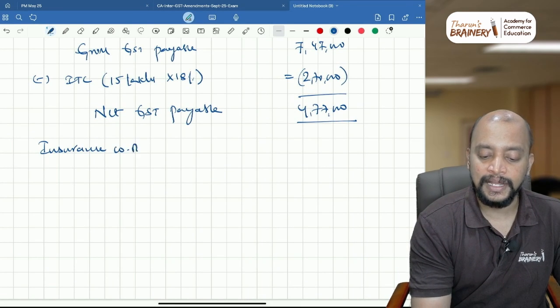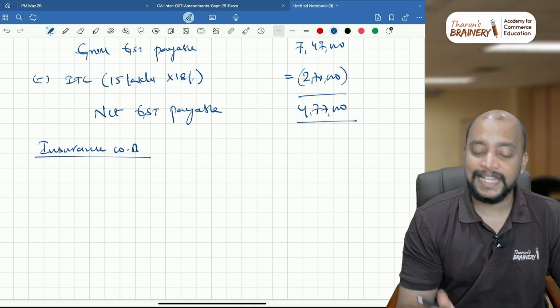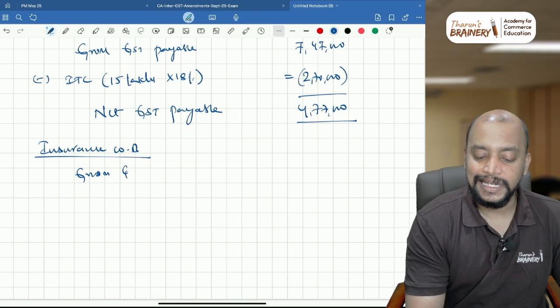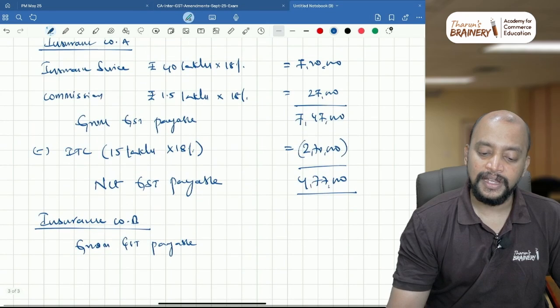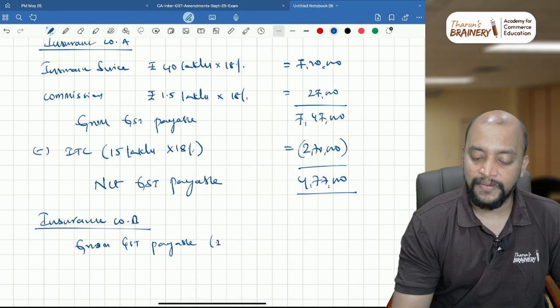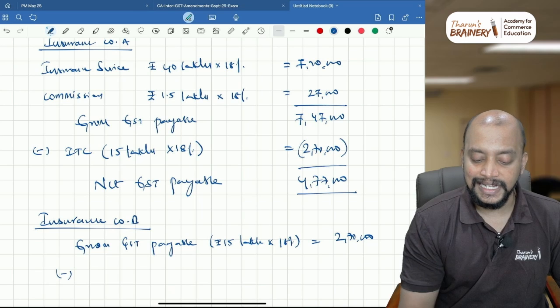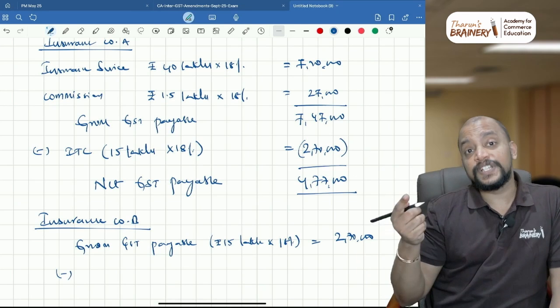Now insurance company B. What is their gross liability? The insurance service that they provide is 15 lakhs. On that 15 lakhs, 18% they need to pay, that is 2,70,000, and they will get ITC. What ITC? On commission. Who is paying GST?